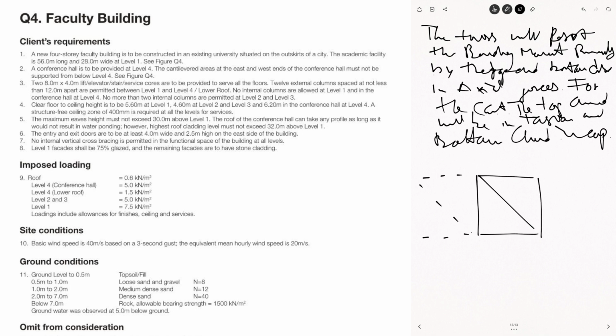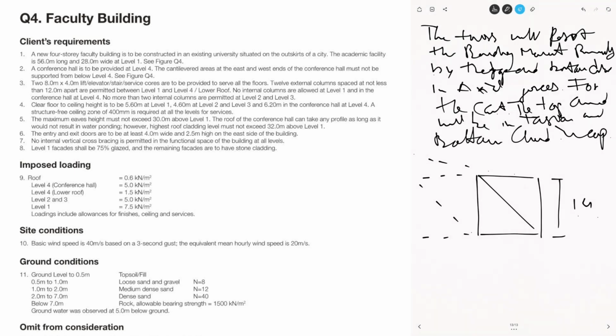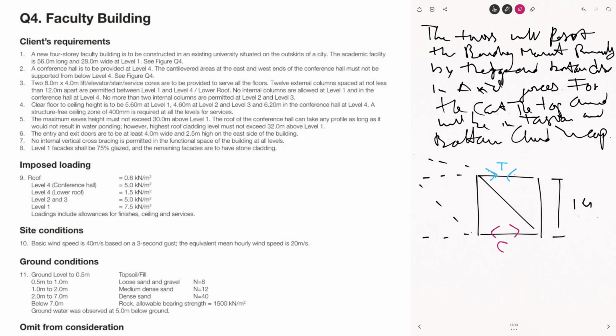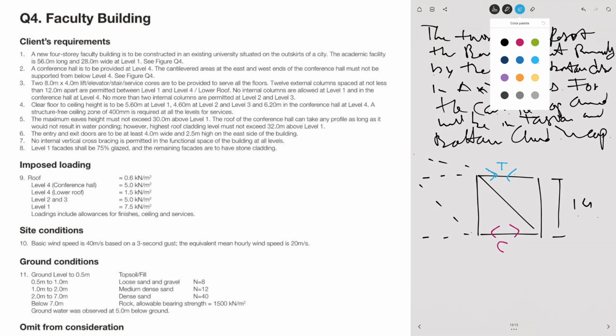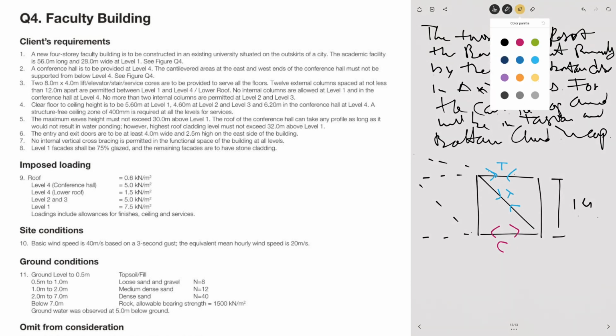We know this is going to be incline, but this part is 1.4. And we show the top one. It's going to be in tension. On the bottom one, compression. With the diagonal, also in tension.